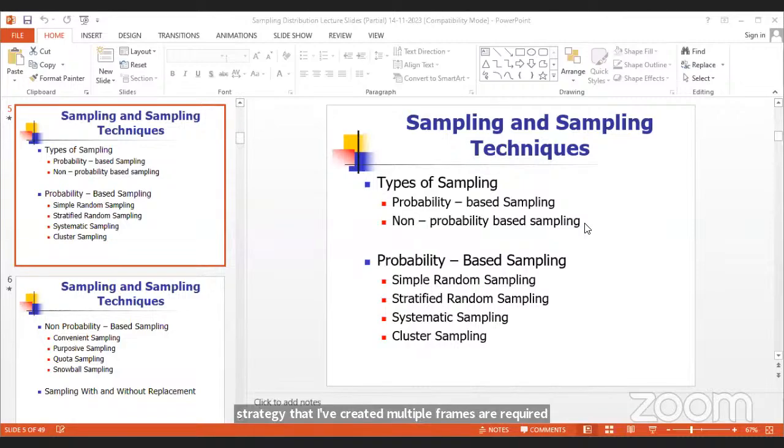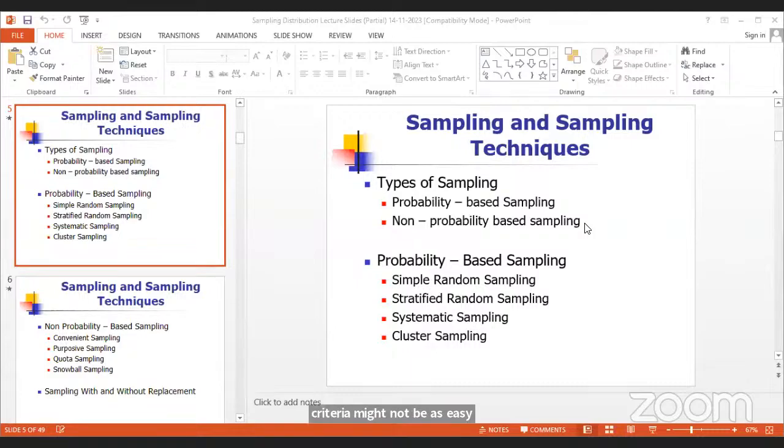Even the process of stratification cannot all the time be as simple as I've explained. Male, female. Most times in practice, you might need experts to do the stratification because the division criteria might not be as easy as I've just explained.